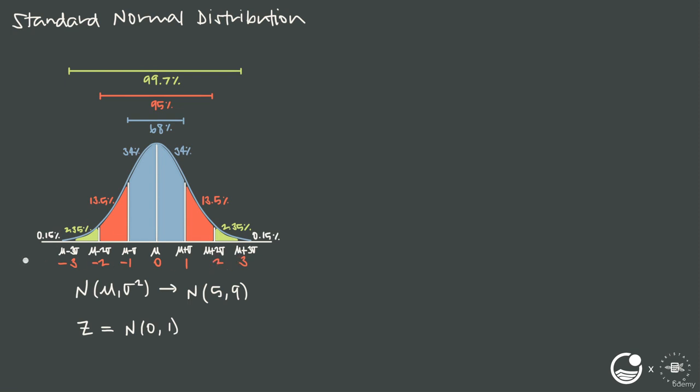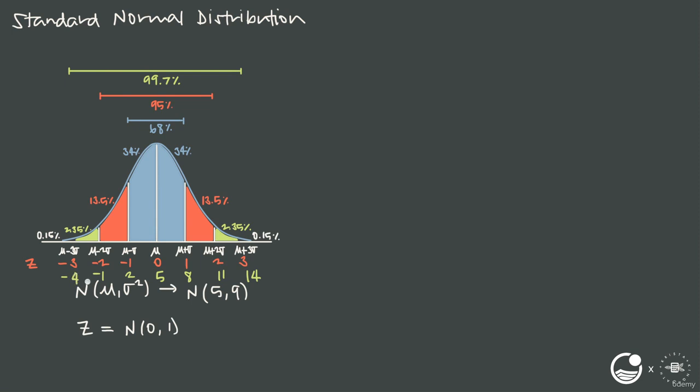So when we have a standard normal distribution, then these boundaries are always -3, -2, -1, 0, 1, 2, 3. Whereas in this example here, for the normal distribution with mean 5 and standard deviation 3, those values would have been a mean of 5. And then with a standard deviation of 3, we would have had 8, 11, and 14. And then here, 2, -1, and -4.